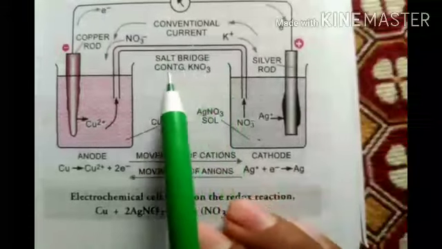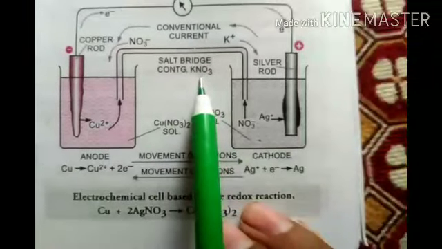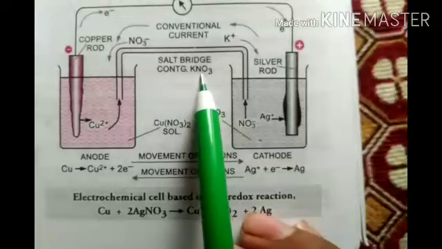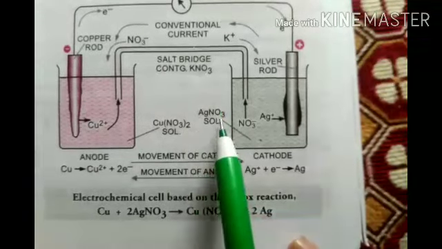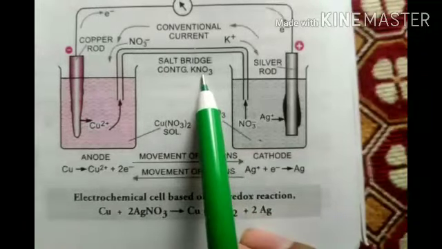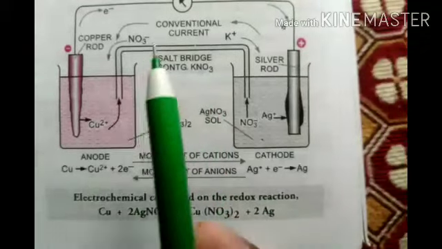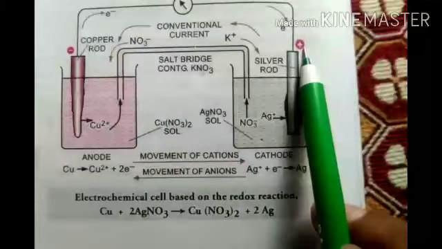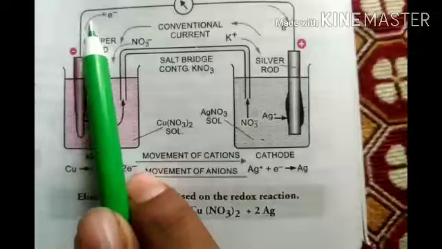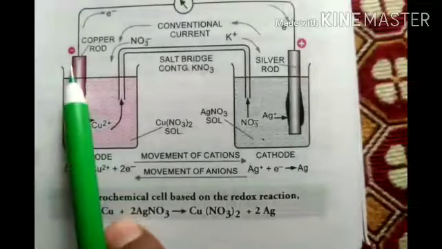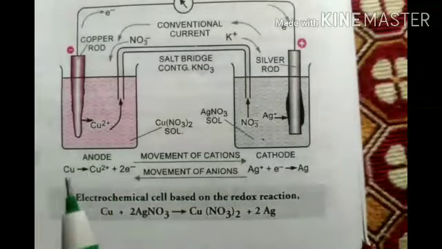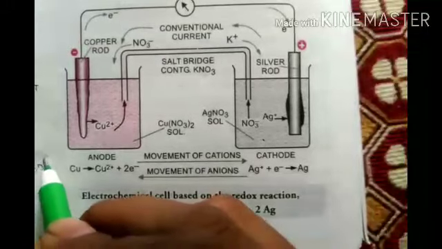So here the salt bridge is made with KNO3. NO3 is there, that's why we have taken KNO3. Now this one is negative, this one is positive. The electrons are flowing from negative to positive. Because of negative at anode, what is going on? AO, RC.